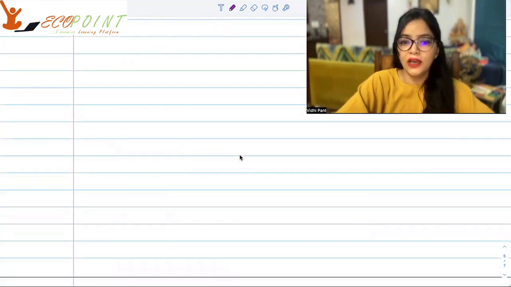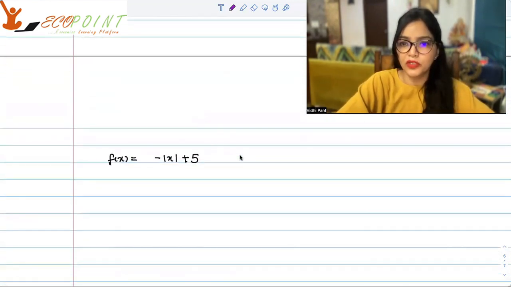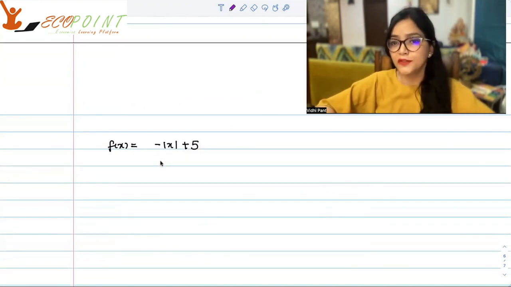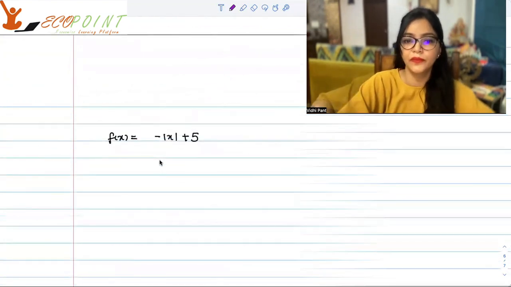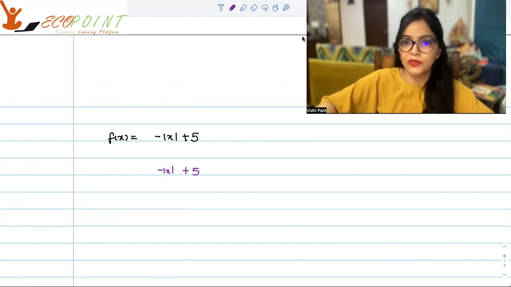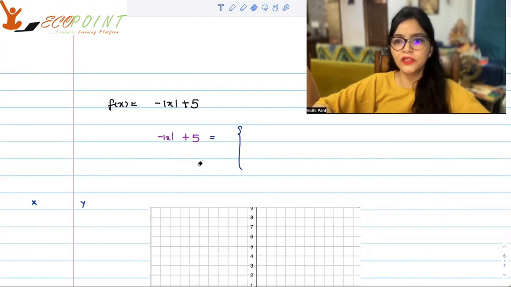Similarly, you can now produce some more functions graphically, like, for example, we can take minus of mod x plus 5. This is another kind of transformation we can look into. Now here what's happening is that you have the reflection across the x-axis and then you're adding 5 to it. So let's see what happens to this. First, let's understand this function piecewise.